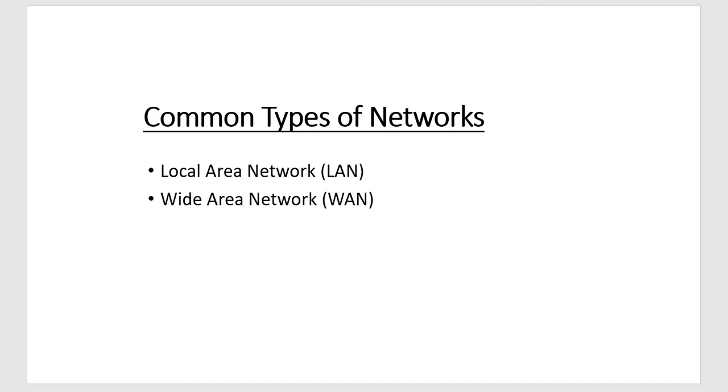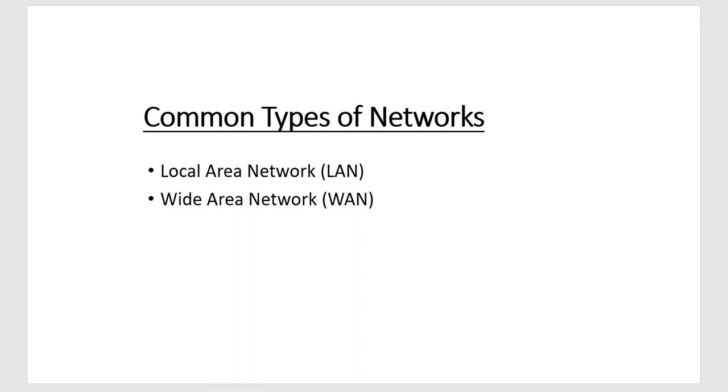On the other hand, the wide area network, WAN, this is for larger geographic areas, such as a whole state, like the state of Texas, or the United States, or the world. It is through WAN, wide area network, that an office from Texas might be able to connect to another office, say in Tokyo.